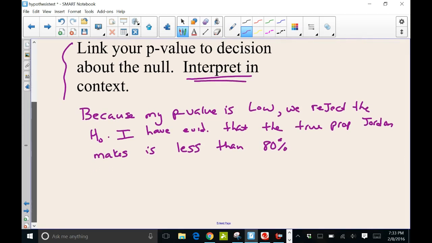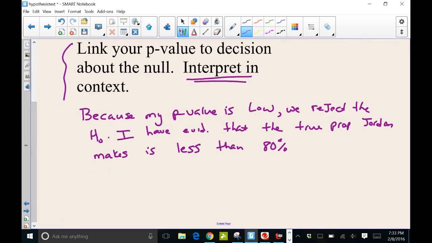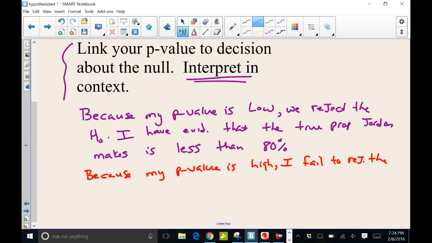Now I'm going to juxtapose this with the following statement. If the p-value wasn't low, we wouldn't have evidence to reject the null. We would say, because my p-value is high, I failed to reject the null. And then we say, I don't have evidence that the alternative is true.